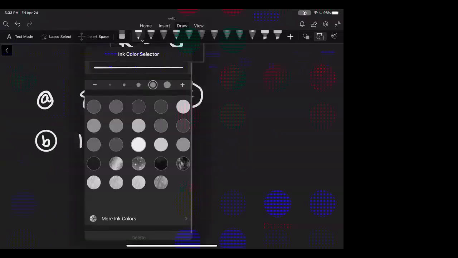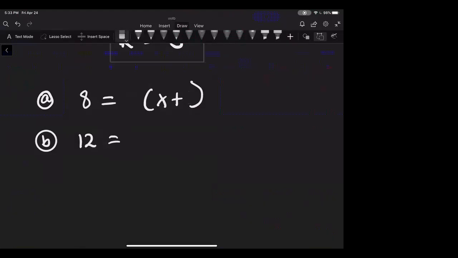Yes. One second, let me change them to proper 4s. Negative 2 is A. I don't have the answers yet, so let me write these out.